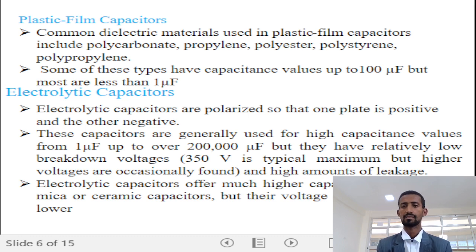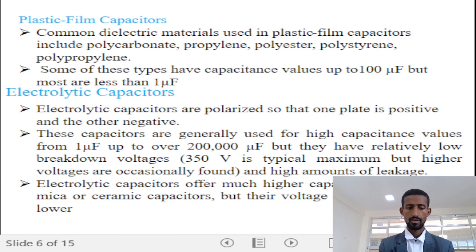These are types of plastic dielectric materials used in the manufacturing of this type of capacitor. Some of these types have a capacitance value up to 100 microfarad, but most are less than 1 microfarad.